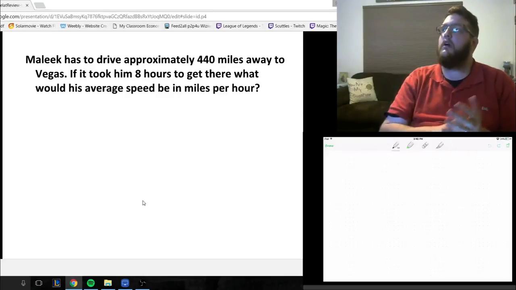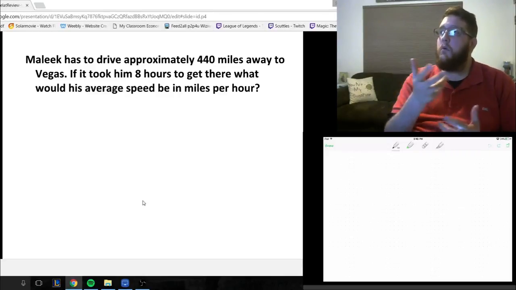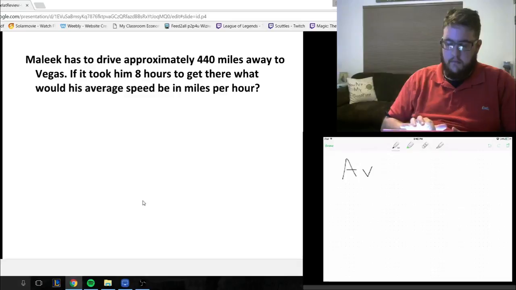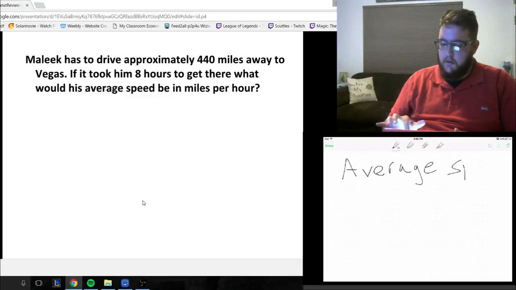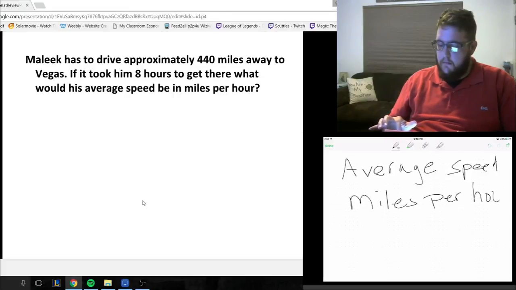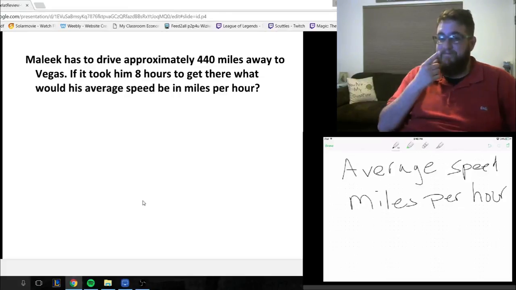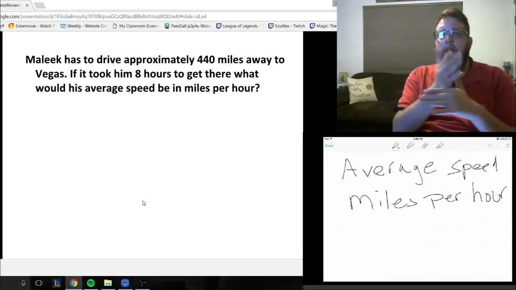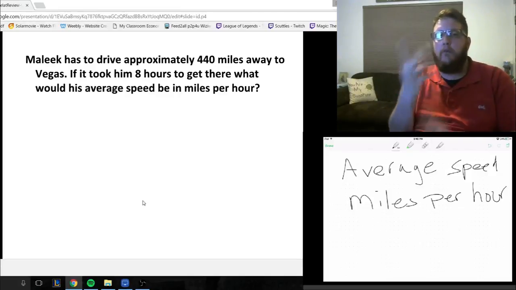So let's go ahead and find the question mark here, and we can see it's right there. So it's asking us to find Malik's average speed, specifically in miles per hour. So that is our question. That's what we're going to try to be figuring out, what Malik's average speed was, specifically in miles per hour.